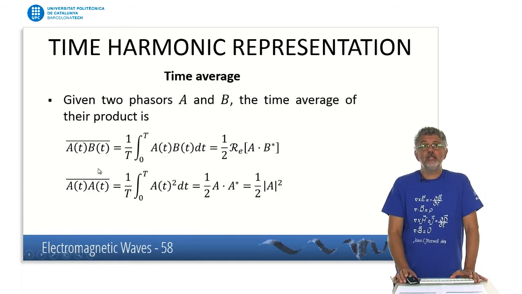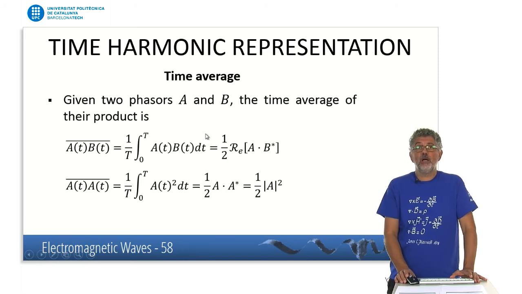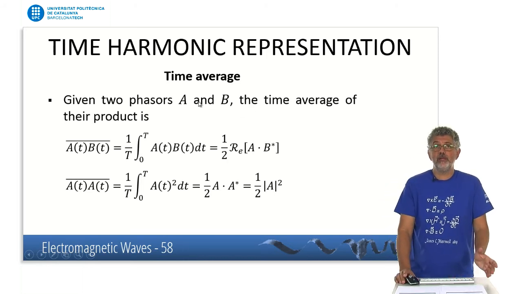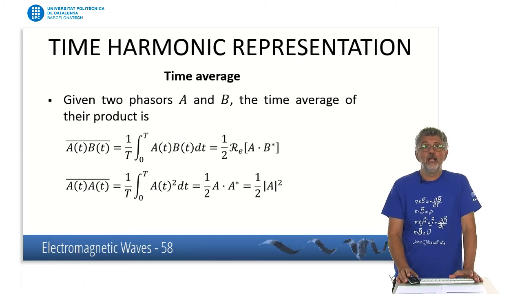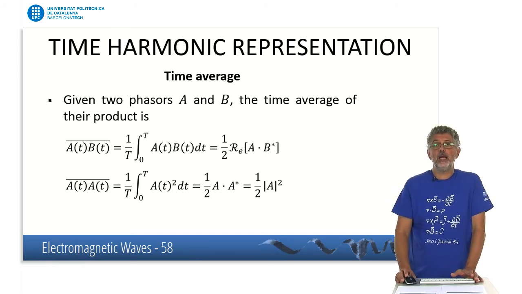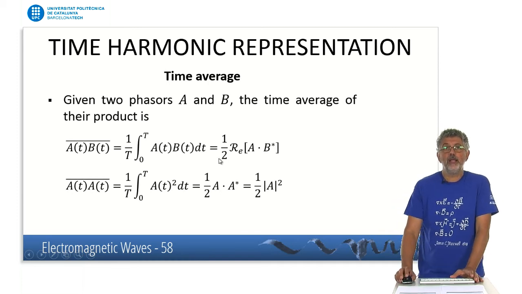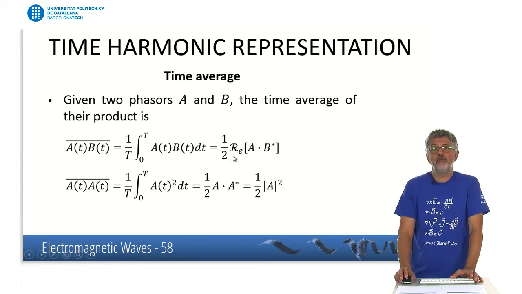Now, what changes? Well, it is important to have the notion of the time average of a time harmonic function. If we have two phasors, A and B, the time average of their product over a period is given by this: one half the real part of A times B complex conjugate.